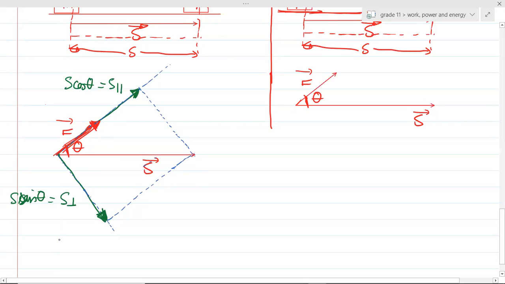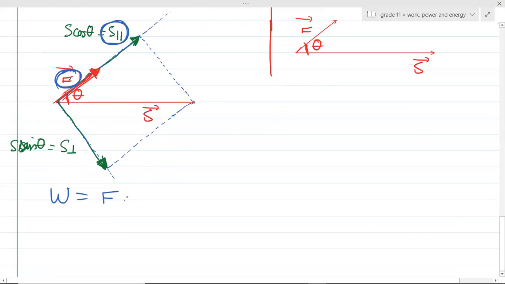So here, what is the work done by this force? This is basically the force multiplied by the displacement in the direction of this force. So F into S parallel, or you can write F into S cos theta. Is this your work? Is this clear, guys?